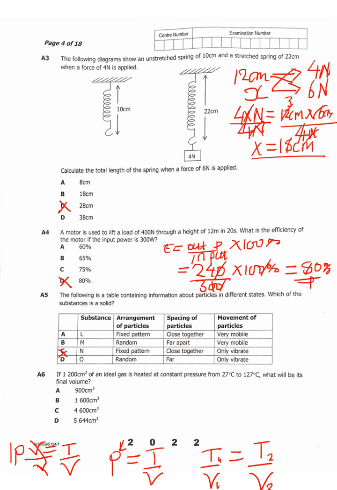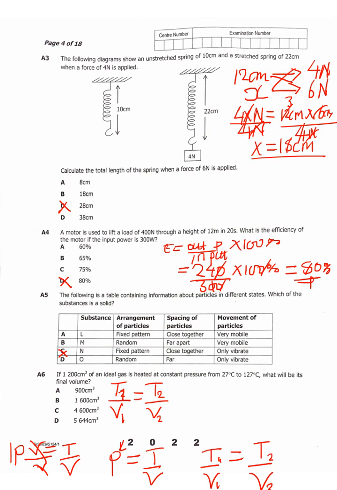So now after finding the formula, we can write it: T1 divided by V1 is equal to T2 over V2. Now let's do the math. Temperature 1 is 27 degrees Celsius.